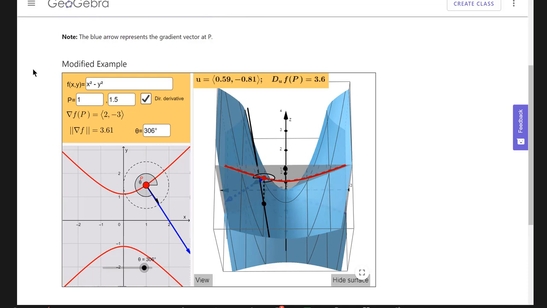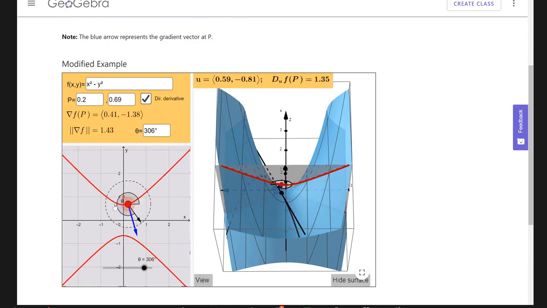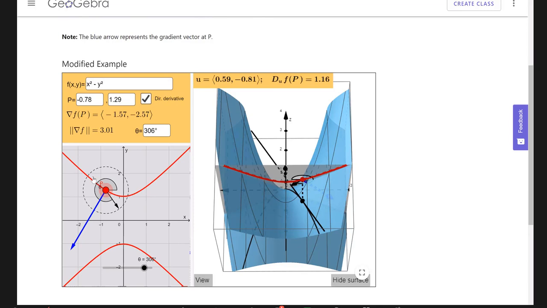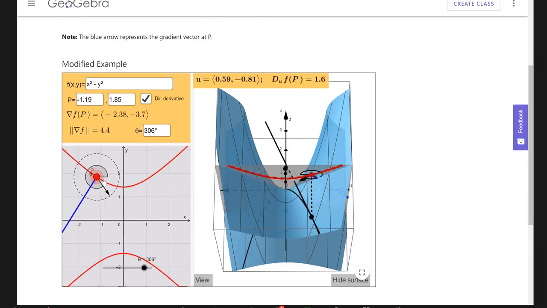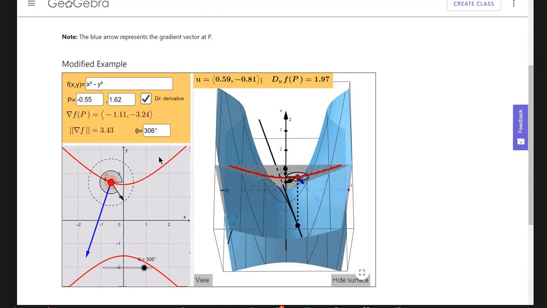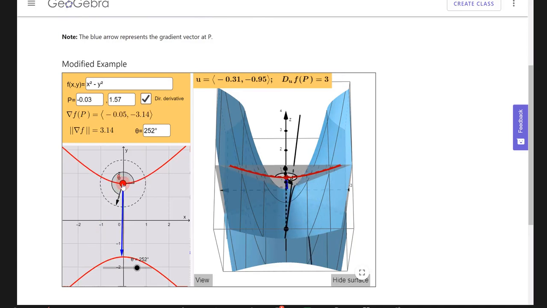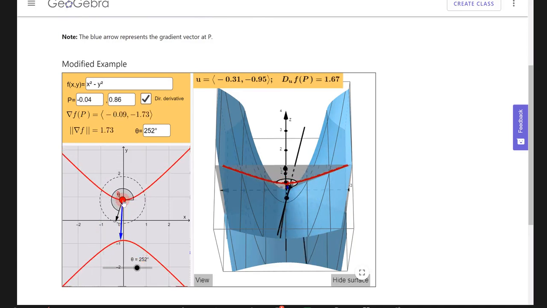I can move this point P around, and depending on where I am, the gradient changes. But no matter where I am, the directional derivative takes on different values, and it's always greatest when I'm pointing in the same direction as the gradient. Where that steepest ascent is depends on where on the curve I am.